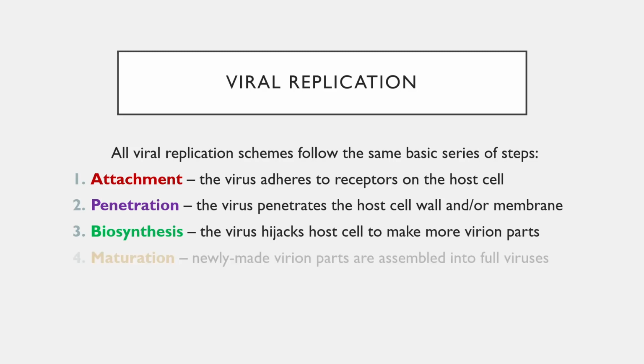Then comes maturation. When biosynthesis takes place, it makes the pieces of the new viruses, but those pieces need to be assembled. For example, the capsomeres have to be constructed into the new capsid, and so the newly made parts are assembled into full viruses in the step called maturation.